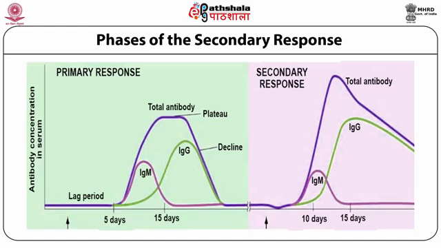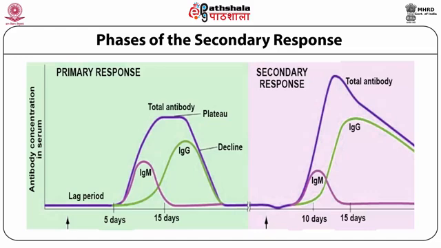The secondary response persists longer and sometimes can last as long as months or even years. This is the kind of response where other kinds of immunoglobulins or antibodies may be formed.